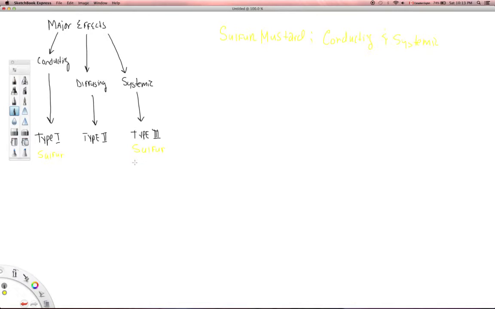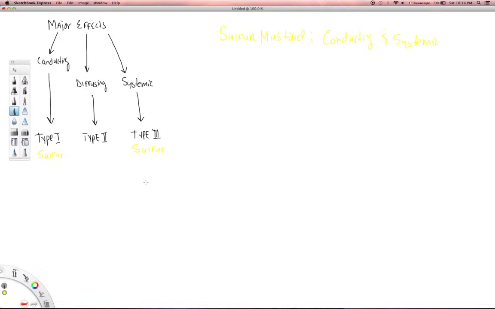In fact, we actually use mustards in some of our chemotherapeutic agents for cancer, because we know that cancer cells are rapidly dividing, and when cells are rapidly dividing, they're undergoing cell division. Their DNA opens up, and it's very prone to being damaged when that occurs. So it makes sense to administer drugs that are based on these that can damage DNA in susceptible cells, and cancer cells just tend to be more susceptible to that.